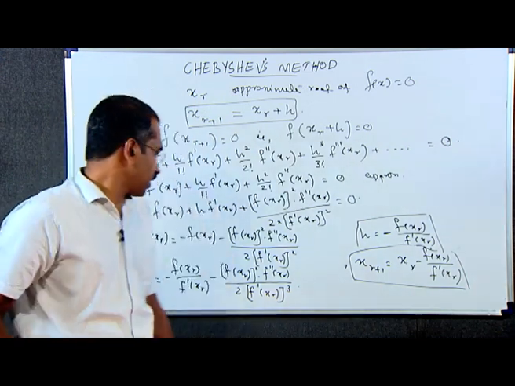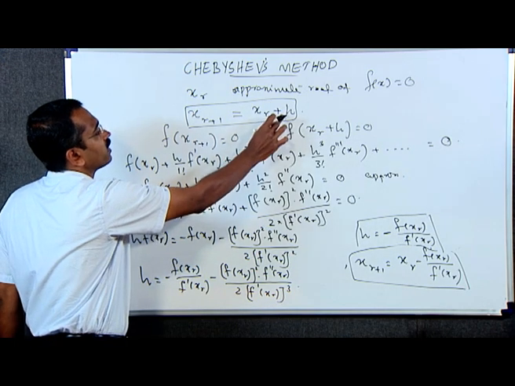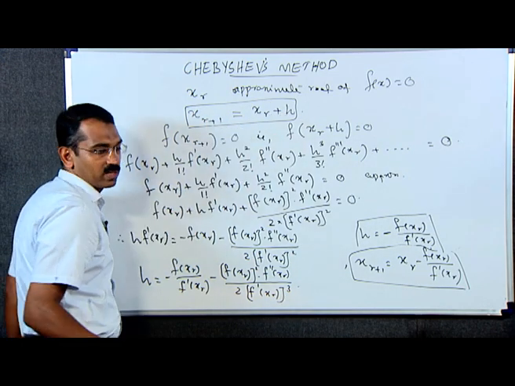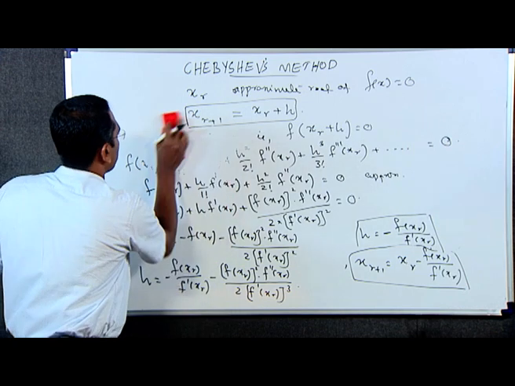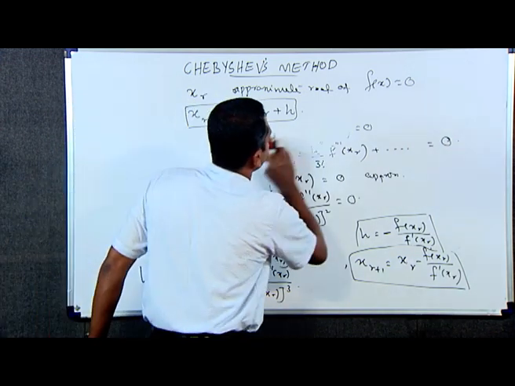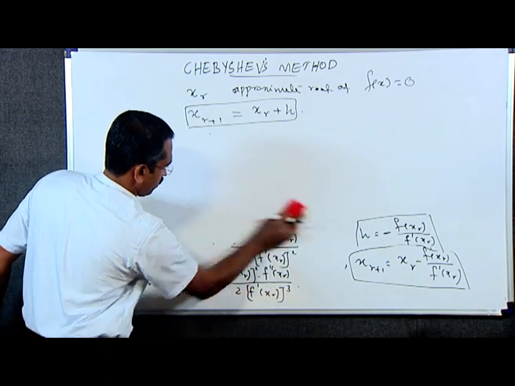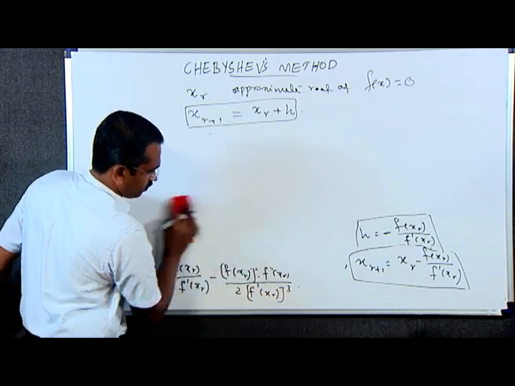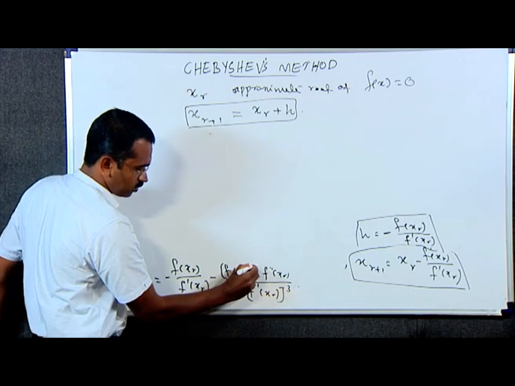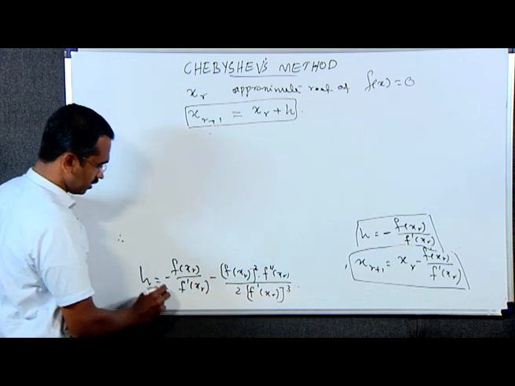That is, from here we can write h is equal to xr+1 minus xr, h squared, this is f''(xr).